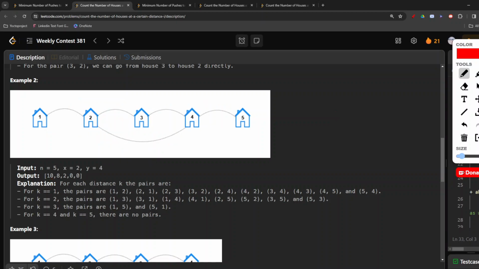So now comes the part for all the distance 2 pairs. So here if we see 1 to 2 is 1, but if we want to go to 3, it will be this one, right? Then the same goes if it wants to come back, right? So it becomes 2 into 2, basically 2 times 1 is there.